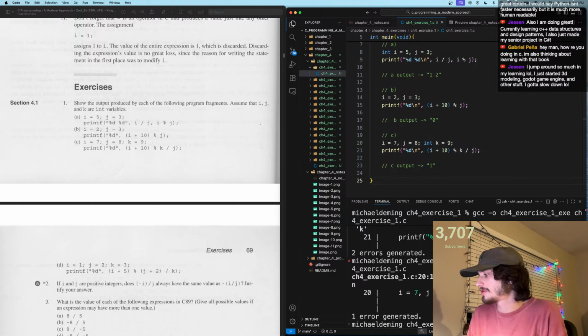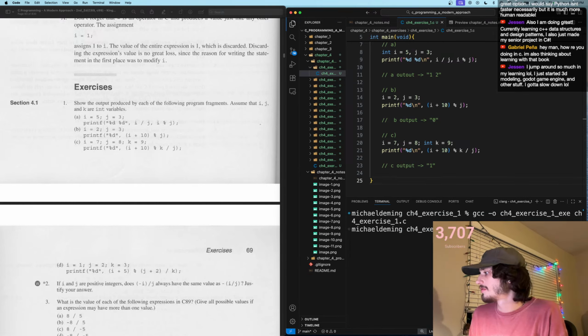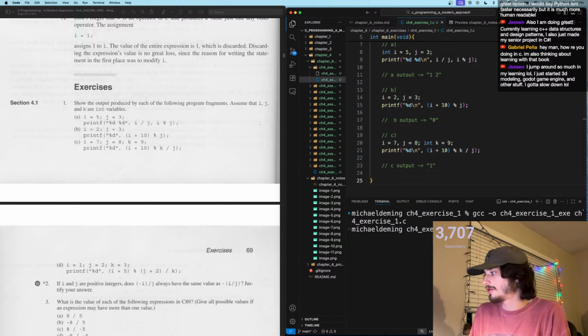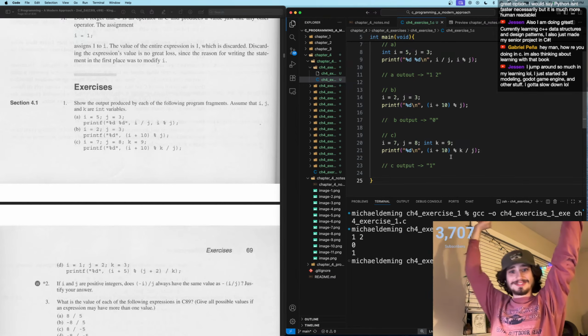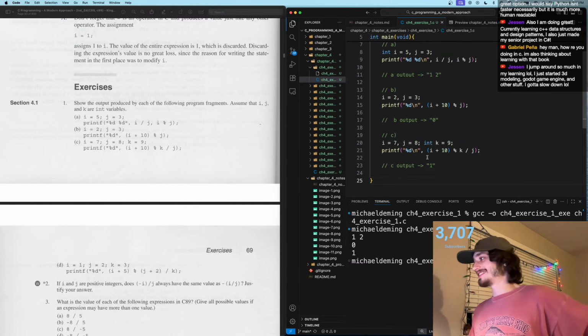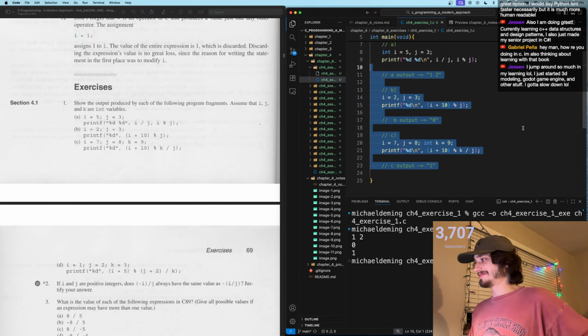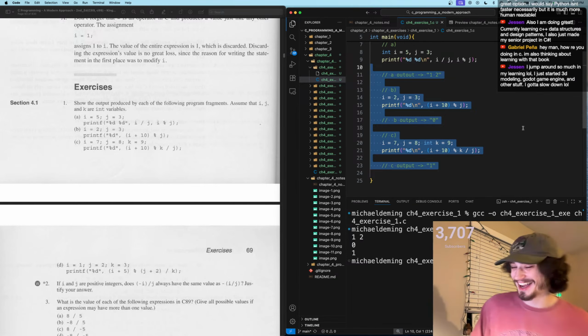Okay, its own expression. Okay, so now we'll go and do chapter 4 exercise 1 exe. 12, 0, and 1. Nice. Let's go. Let's go. We got it. That's exactly the output we expected. Nice. I'm happy with that.